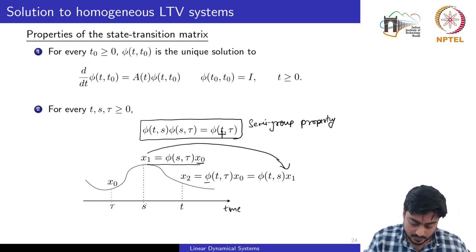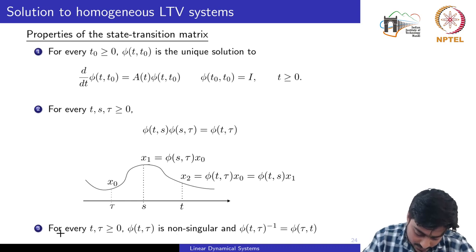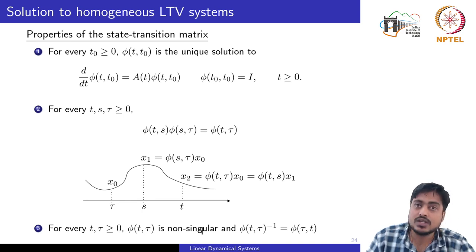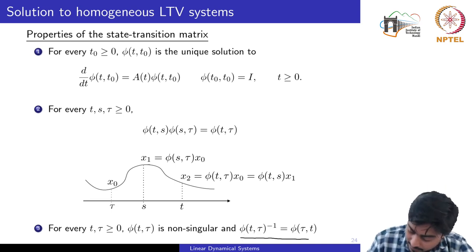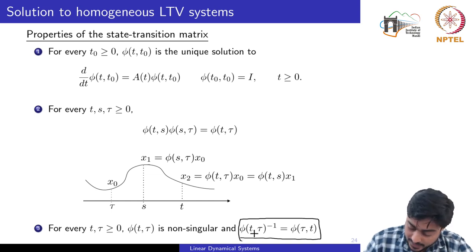Okay. Now the third property says that for every t and tau greater than or equal to 0, phi(t, tau) is non-singular, that is, the state transition matrix is non-singular, and this relationship is always satisfied. If we take the inverse of the state transition matrix, then the order of the arguments would change.